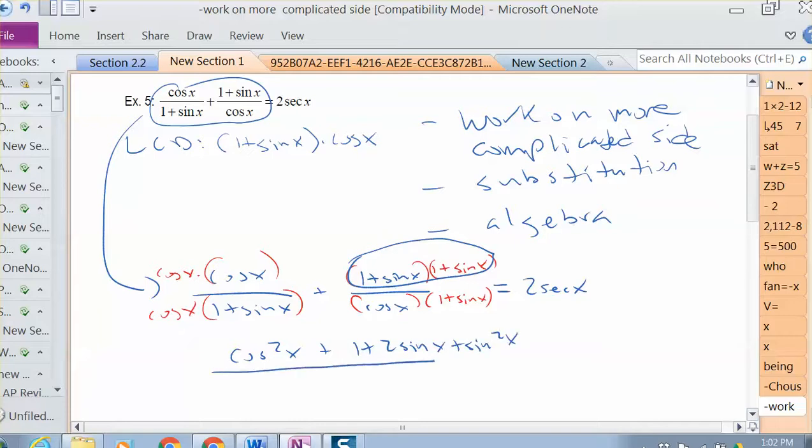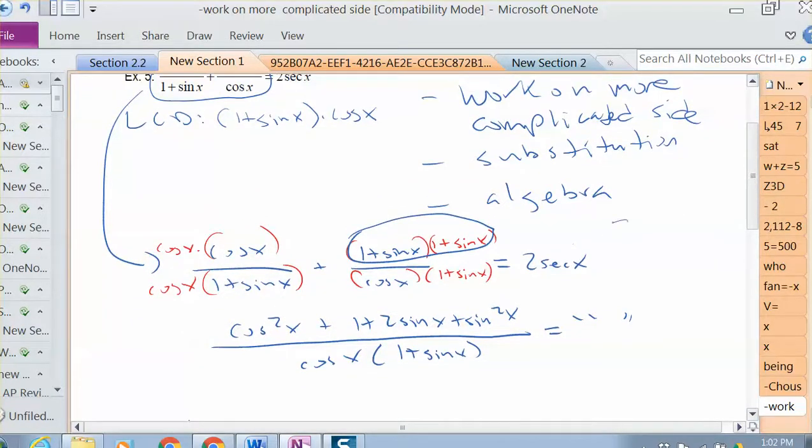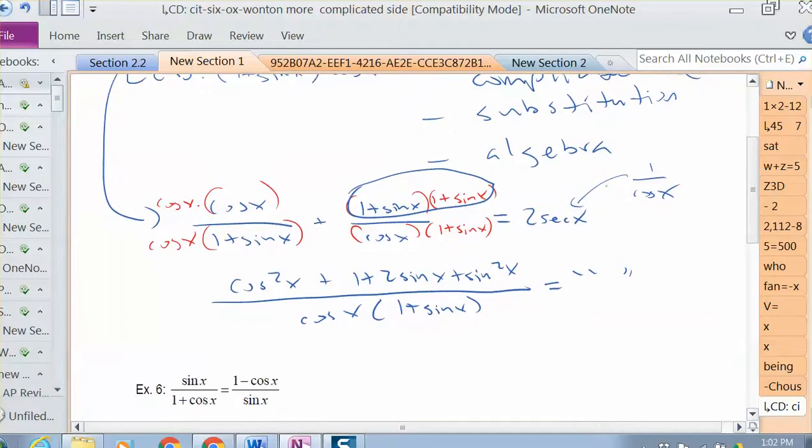And of course the bottom is just this. Now I'm going to caution you, don't distribute the cosine x and the 1 plus sine x for the denominator here, because we're going to want to get something to cancel. I see a secant over here, and remember that's 1 over cosine x, so I probably am going to want to get rid of the 1 plus sine x in the bottom of the left fraction, this really big fraction.